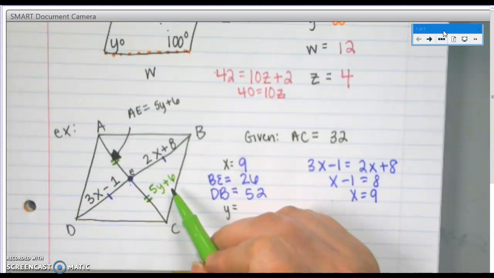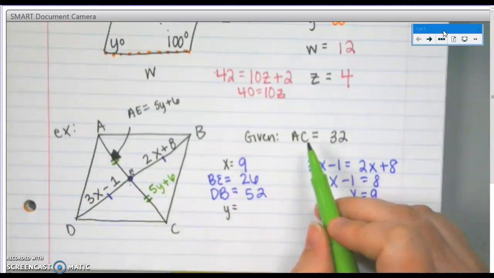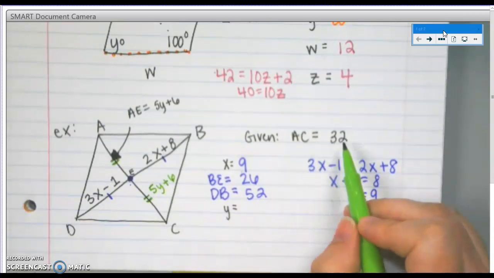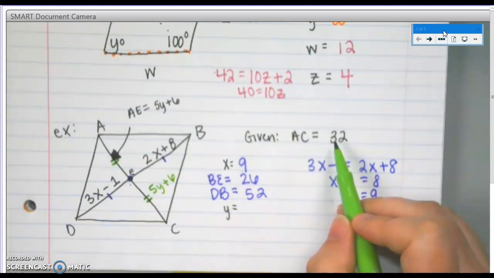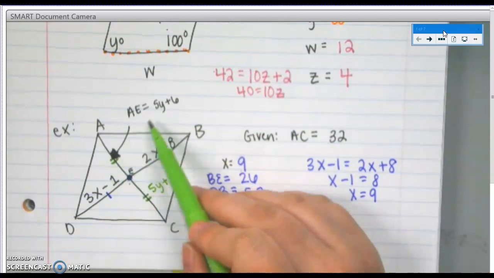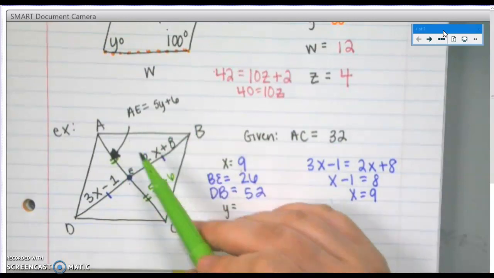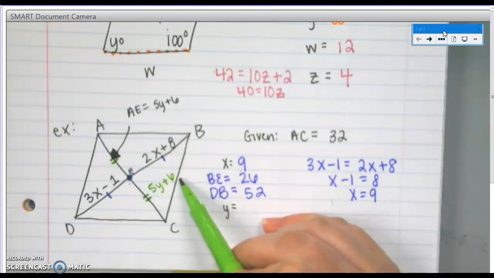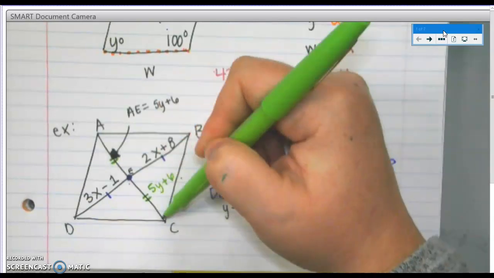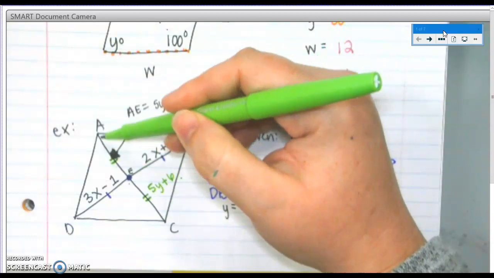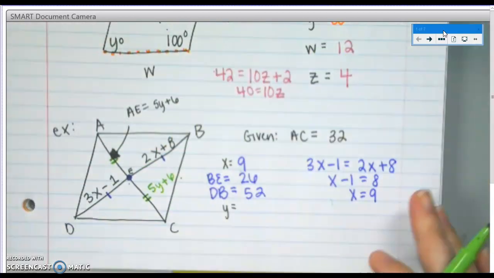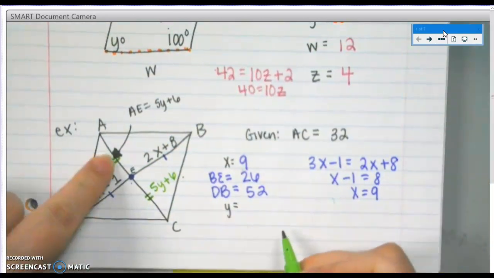Obviously, it's the same thing. So look at what else they give me. I know the whole entire diagonal is 32. So if part of it is 5y plus 6, the other part of it is also 5y plus 6. When I put those two pieces together, that will give me from A all the way to C, which is 32. So that's how I have to set that up.